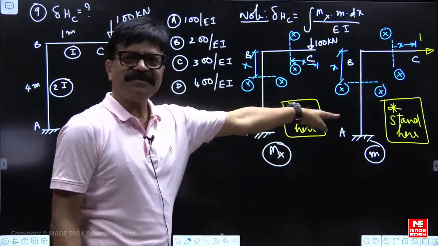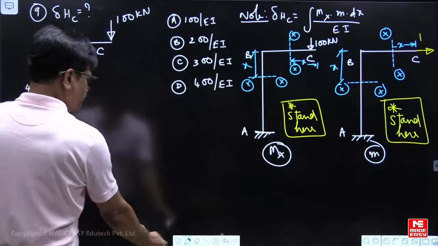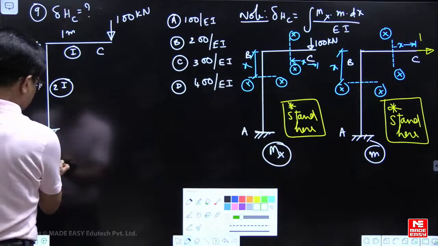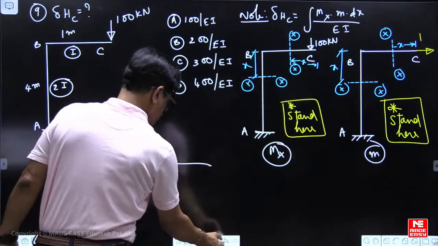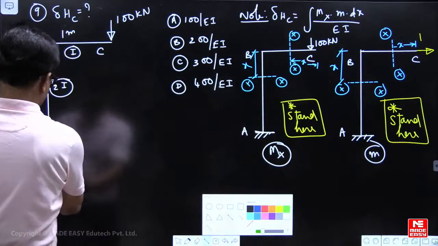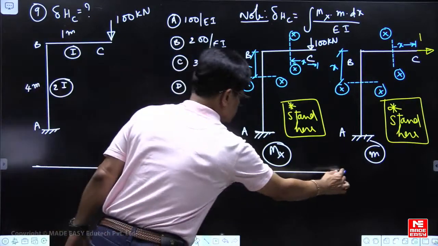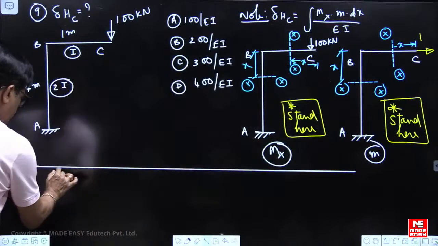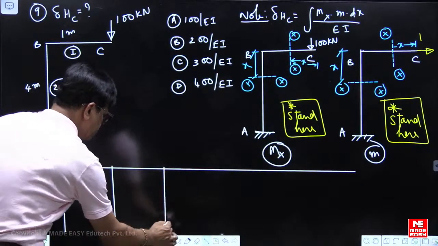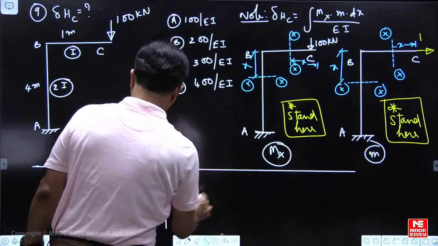So MX diagram, M diagram. Then we will write the table: Member, MX, M, multiplication.